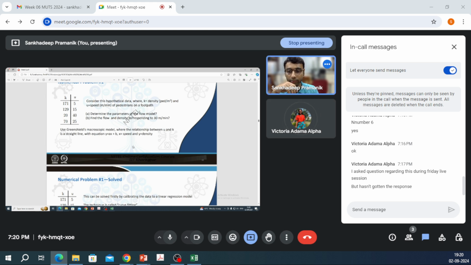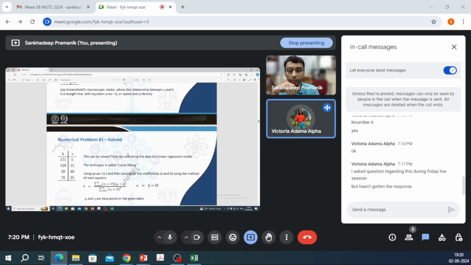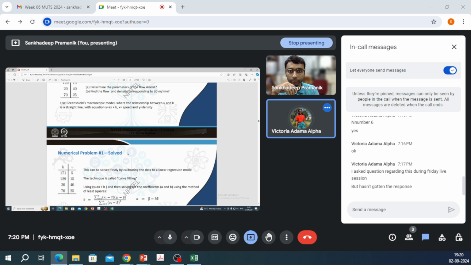Then further down, we say Y equal AX plus B, X equals speed, and we know speed is equal to U. Then Y equals density and is equal to K.